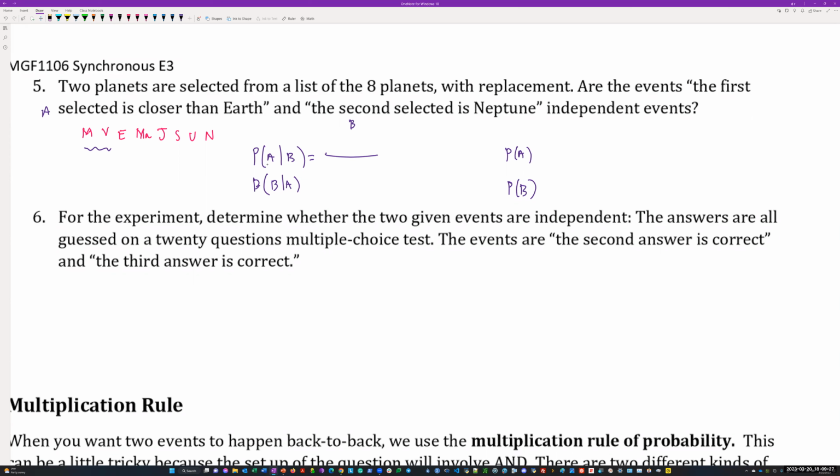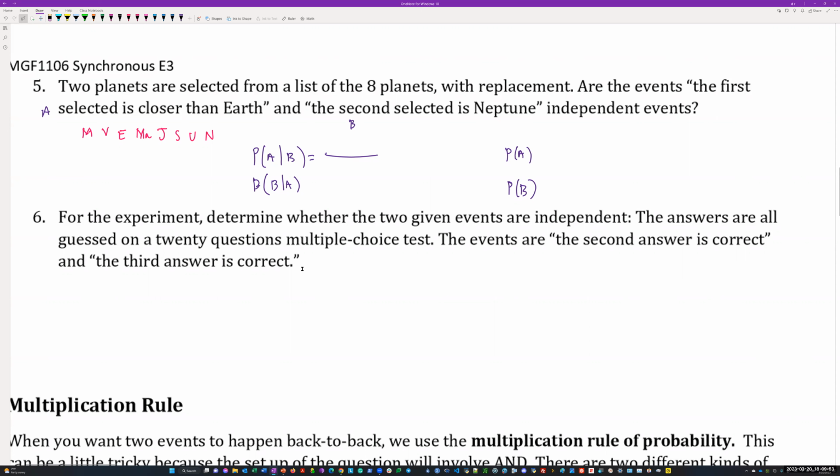Oh, wait, I'm sorry. I read it backwards. Let's look at B first. B says the second selected is Neptune. Great, the second time they're picking Neptune. We want to calculate A given B, so we're assuming that B occurred.